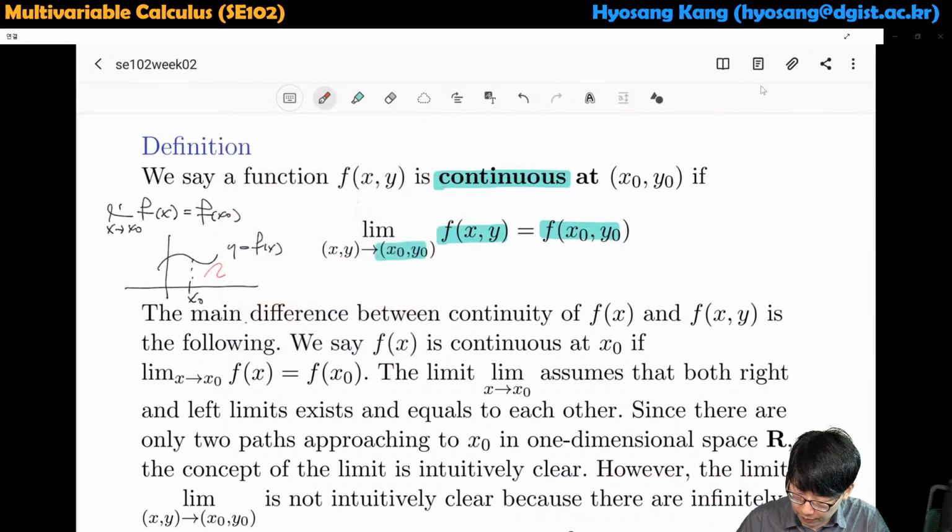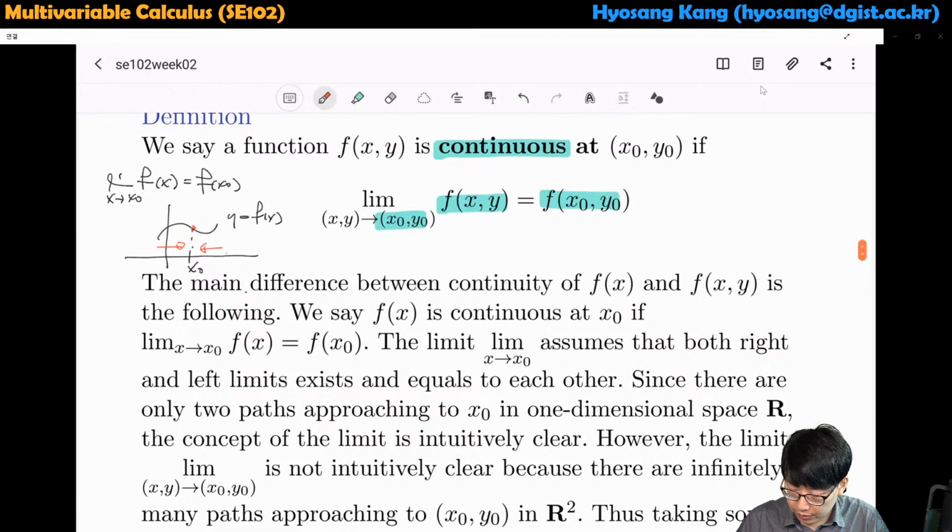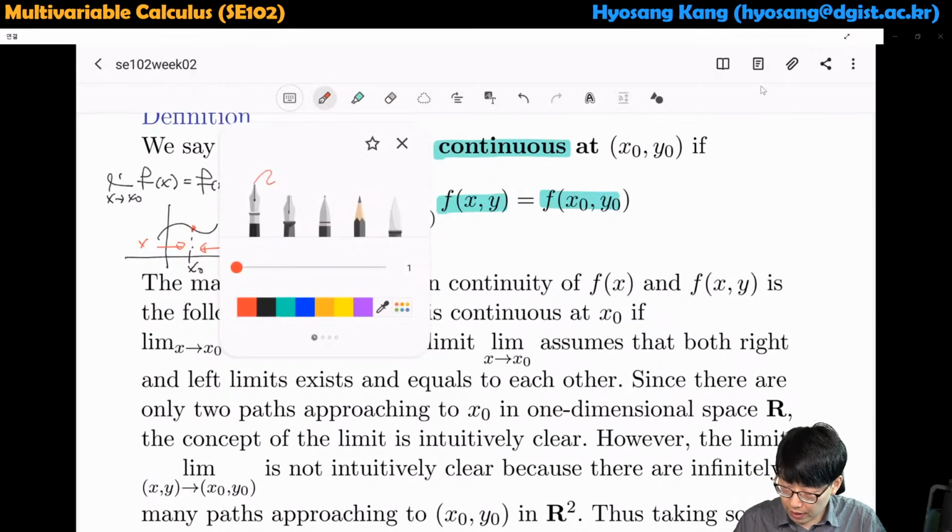The other is from the negative side, or left-hand side. There are only two directions to check. You need to check that when x approaches x0 from the right, the function value goes to f(x0), and when x approaches from the left, the function value also approaches f(x0).